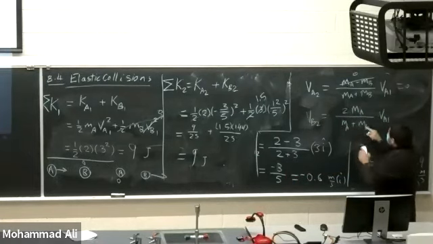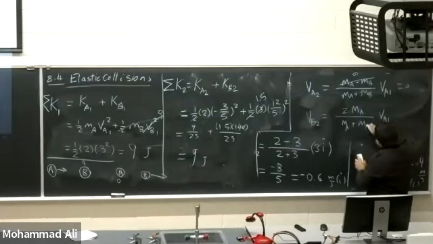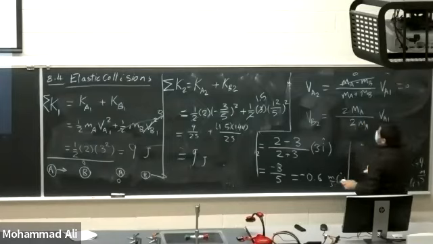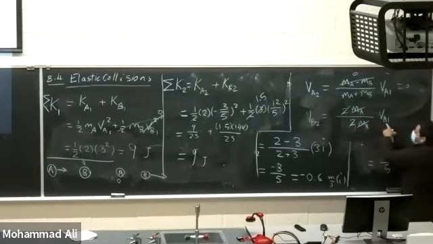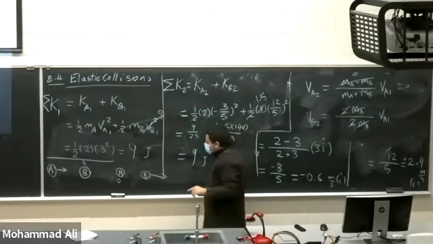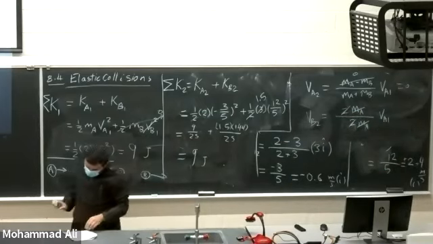So we can put MA: MA plus MA is equal to 2MA. Then we can cancel M with M, 2 with 2. Then VB after is equal to VA before. It will have all the velocity. Okay?